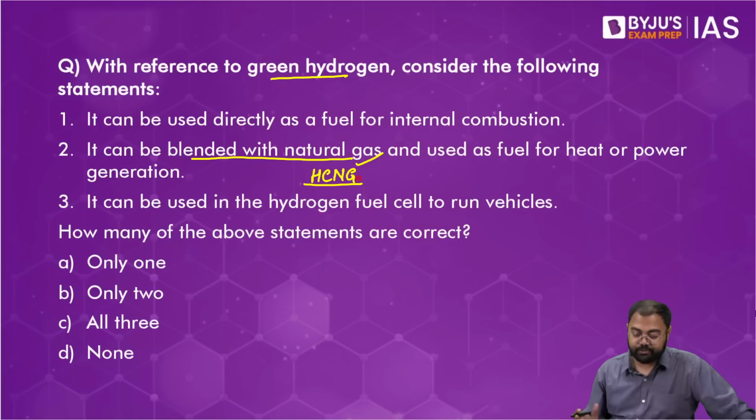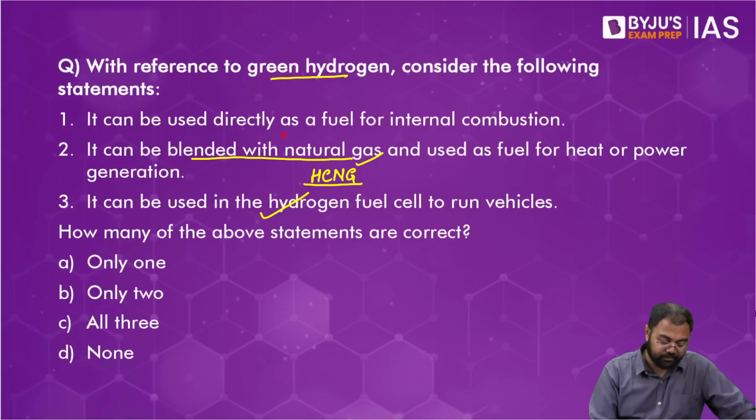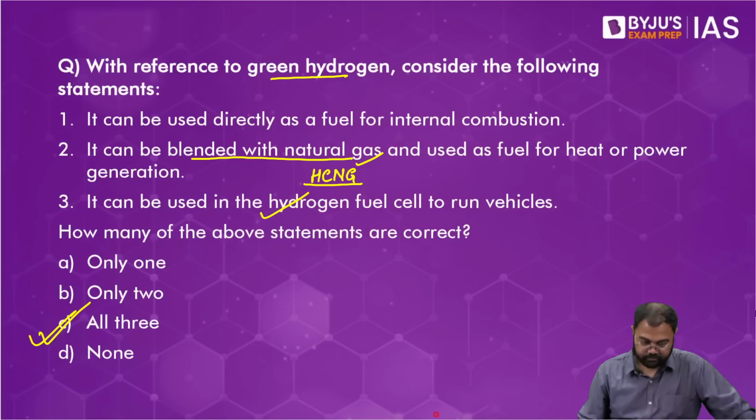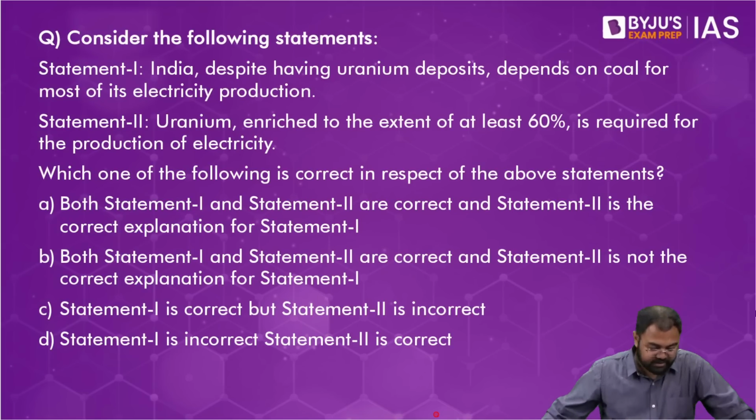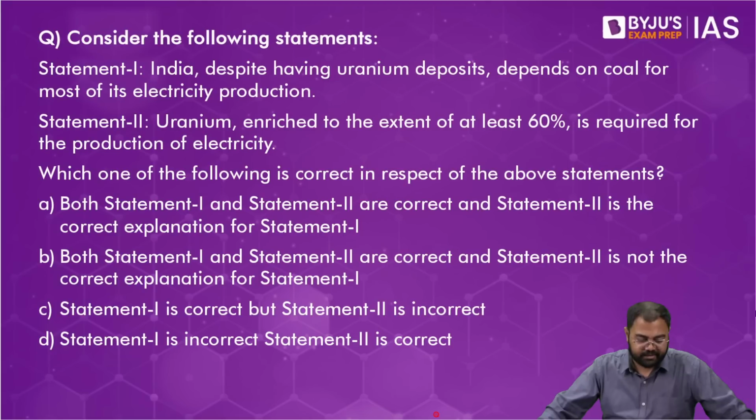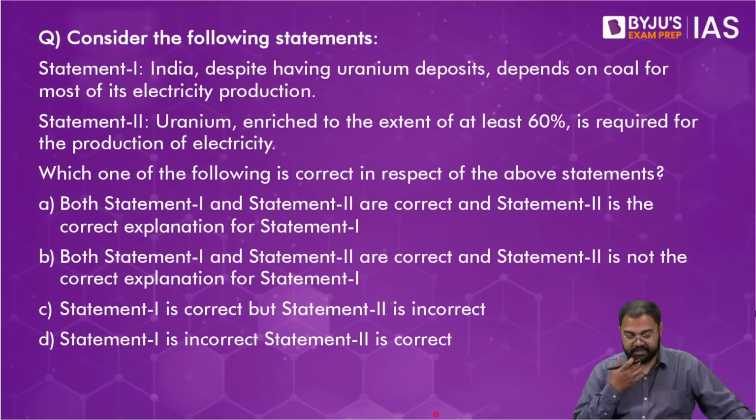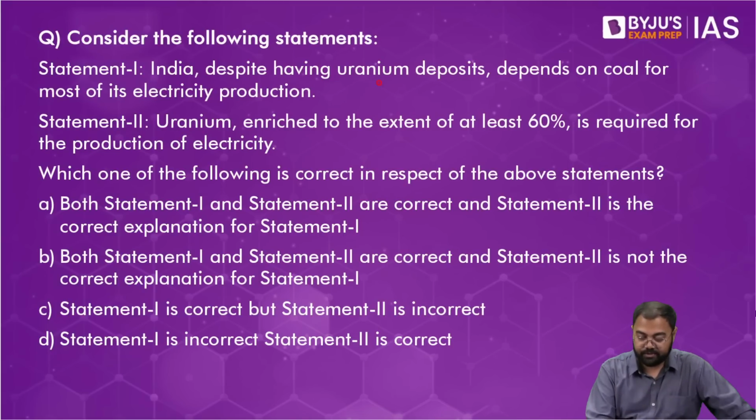Can be used in hydrogen fuel cell to run the vehicles. That's also true, that we can make fuel cells out of them. So all the three statements given here are correct. And then this question I think we have already seen. India, despite having uranium deposit, depends on coal for most of its electricity production. This is correct.